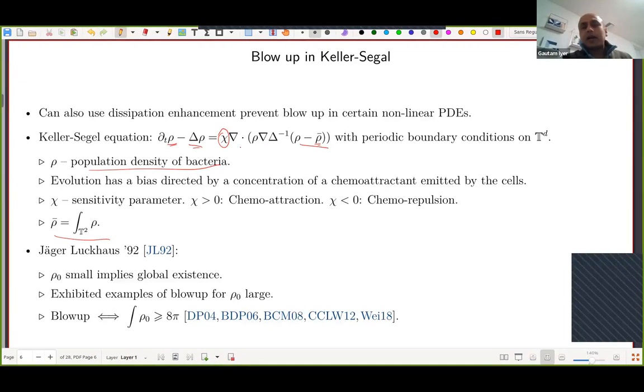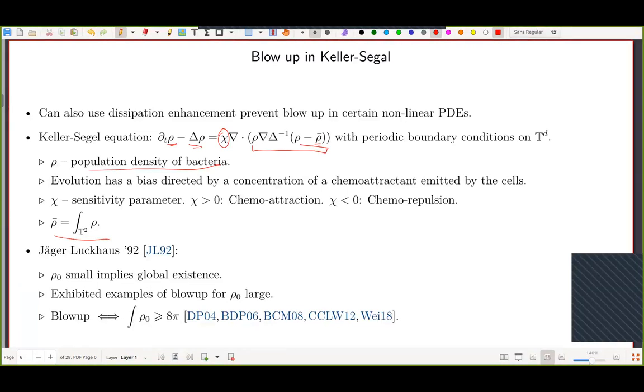Why does this equation come up? Why do you have this divergence term on the right hand side? The physics is that the bacteria secretes a chemoattractant, and then senses the chemical potential, and the population density of the bacteria evolves with a bias directed by the concentration of the chemoattractant.